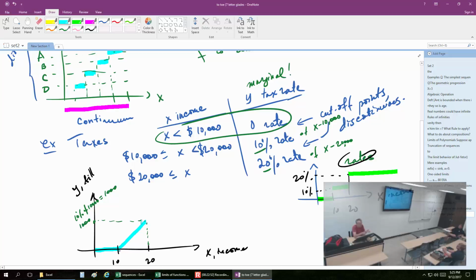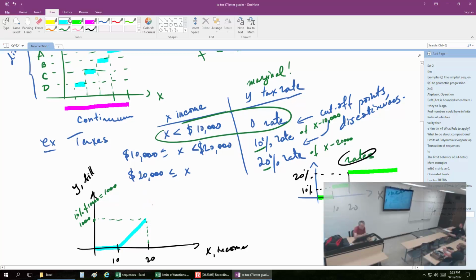Then this is the stack of money, 10,000, you take 10% of that, which is 1,000, and then what's left is the higher bracket, and you pay 20% of that. So it will be growing faster. This is like 10% growth, and this will be 20% growth, like this. Okay?